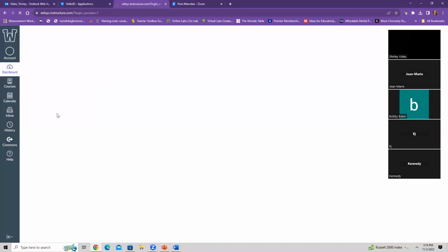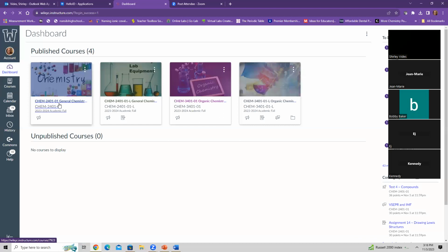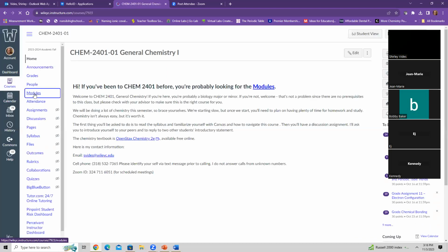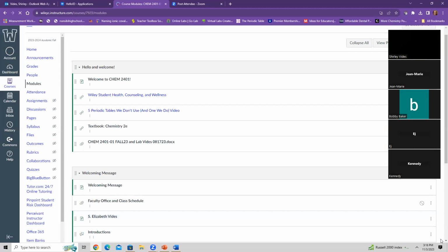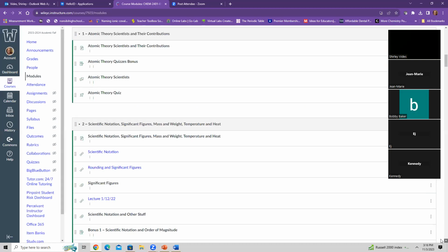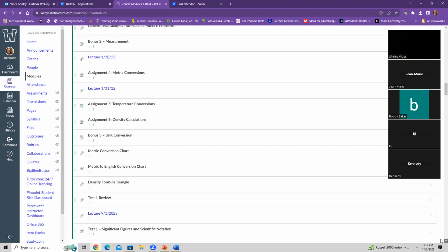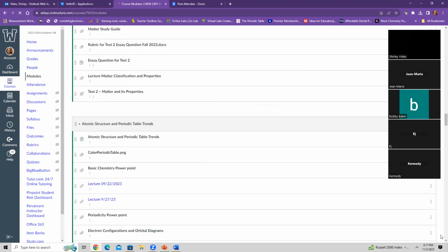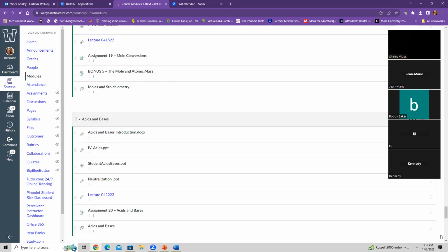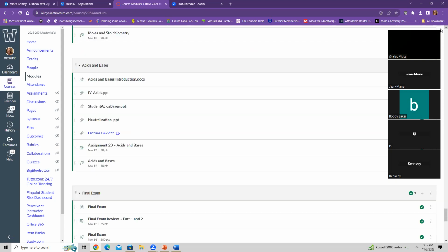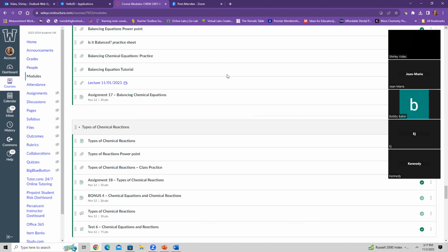I was just scrolling down, and it just went somewhere that it shouldn't have gone. So modules, and I'm just going to use my scroll bar so it doesn't happen again. Okay, I went too far that time. Let's go back up a little bit. There it is. Okay, it's not on here. I thought I had it on here, but it's not.